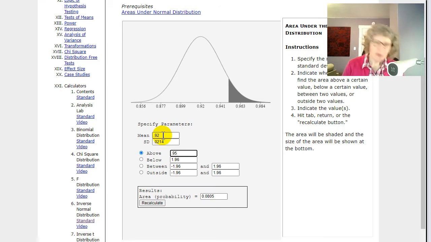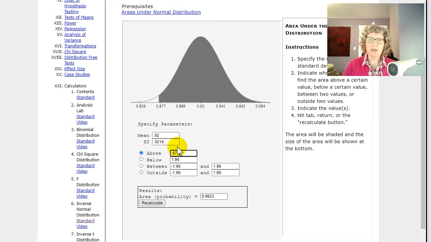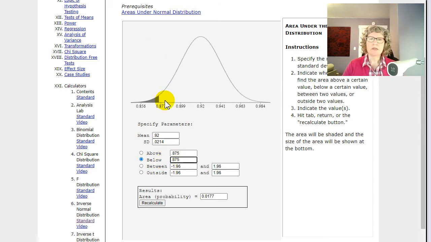So our same mean and standard deviation, because we have our same sampling distribution, but this time our p-hat is 0.875. So we want to see how likely that is. Oops, sorry, I want to go below 0.875. Okay, not super likely. Let's see. Oh, only 1%. So it is 0.0177. Okay.